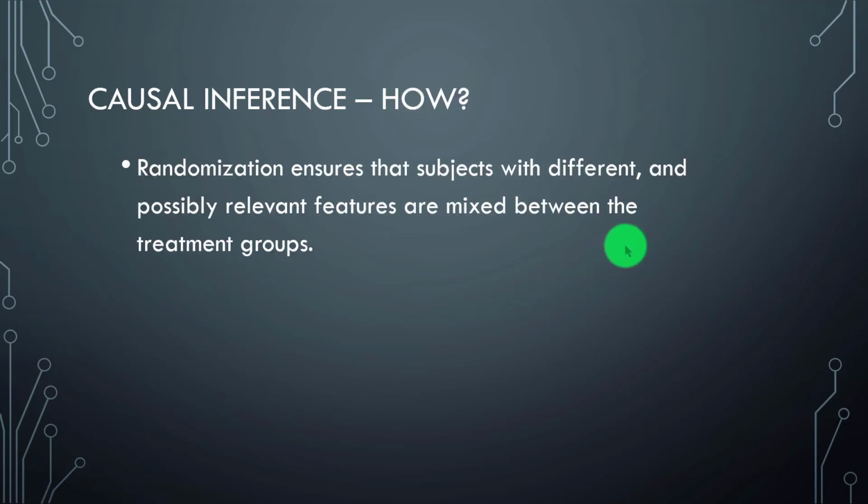Why? This is because by randomly allocating individuals to treatments, this ensures that subjects with different features are mixed across the treatment groups. For instance, if you had two treatment groups, in the previous video we said red pill, blue pill, you wouldn't want only males in the blue pill group and only females in the red pill group.